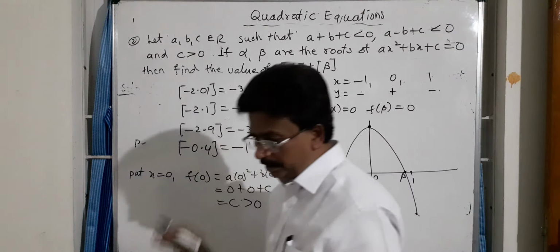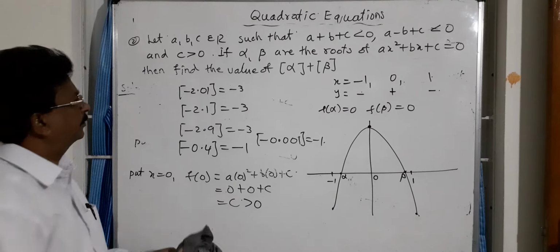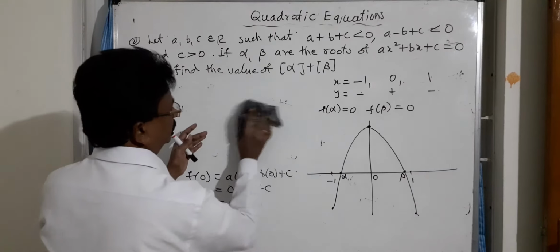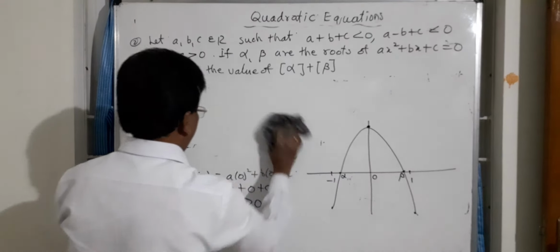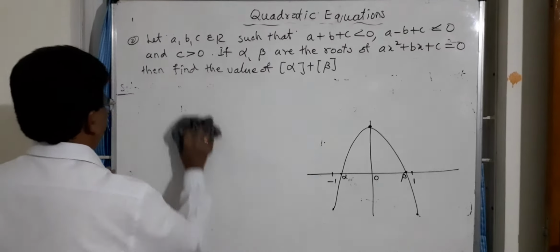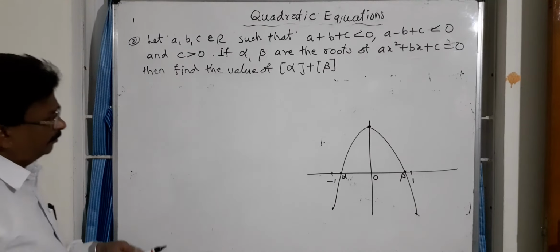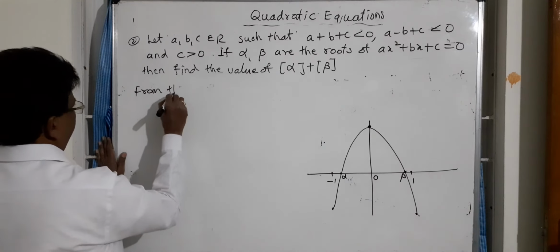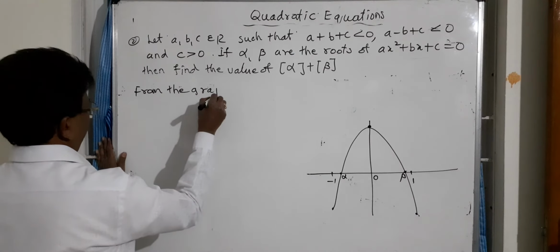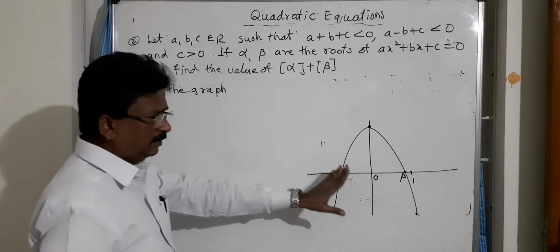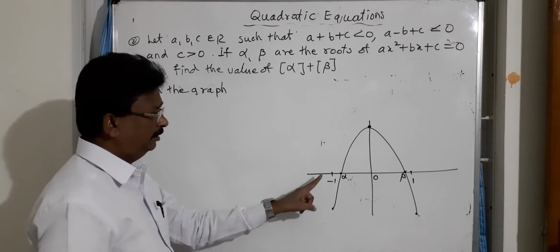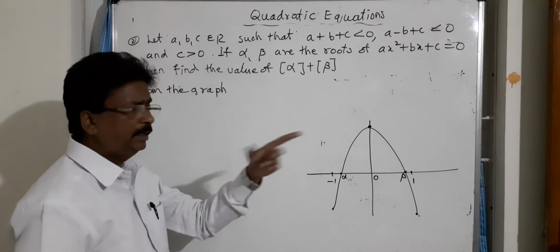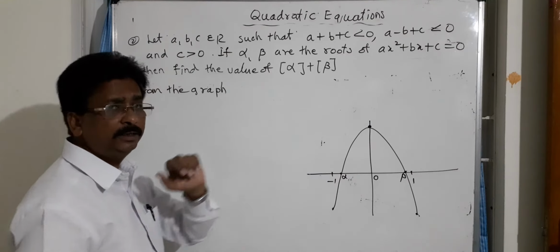So I will write that reason. From the graph, you can observe that alpha value lies between -1 and 0.